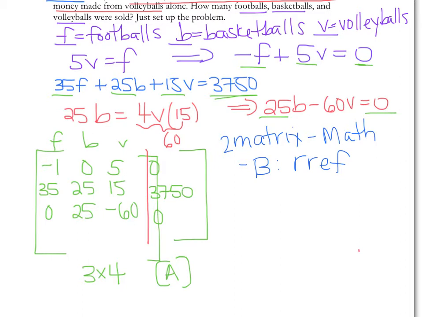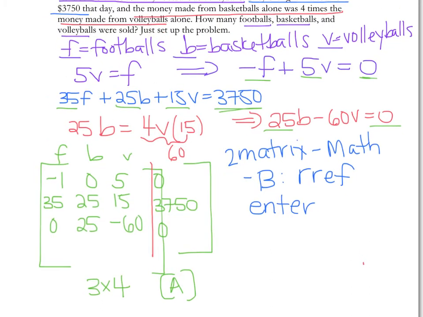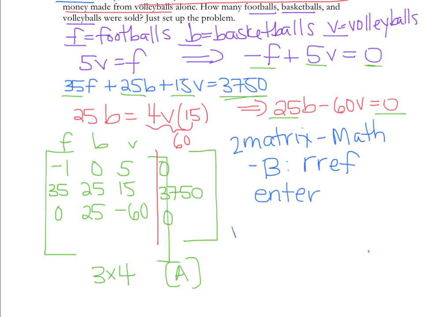You don't have to know what that stands for though. Once you get to B, hit enter. RREF should show up on your home screen with parentheses. Enter A: go to second matrix, select matrix A, and hit enter.